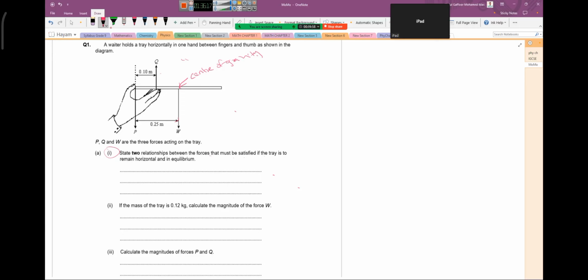That is P. P is the force that the waiter applies on the edge of the tray using his thumb.